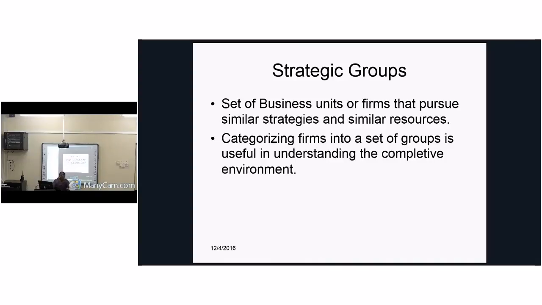So, then you can categorize different companies, different competitors into strategic groups based on their similarity in strategies or similarity in resources or whatever the similarity. So, it is another way of understanding your competitors.